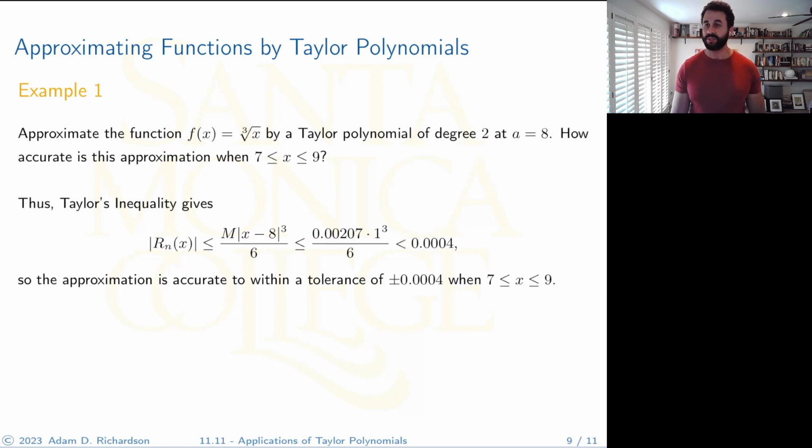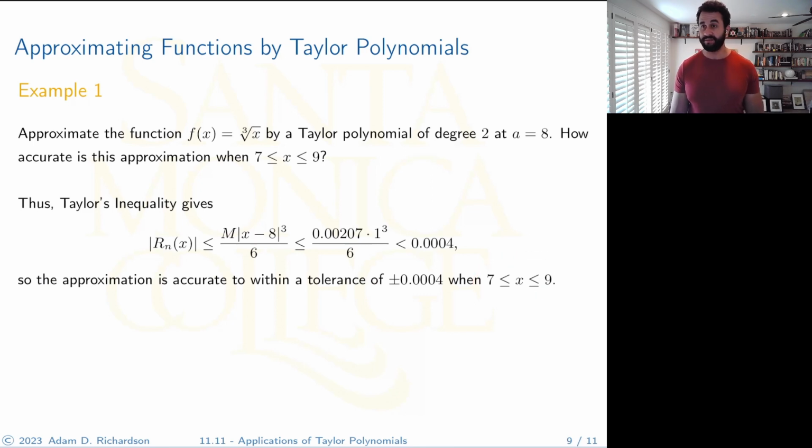Okay. So what this is telling us is that the error involved, the residual involved, is smaller in size than 0.0004. So that means that this approximation is accurate to within a tolerance of plus or minus 0.0004 when x is within these bounds.